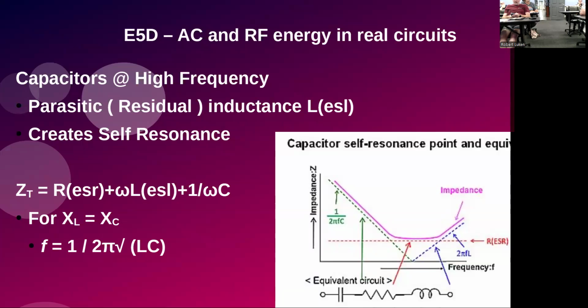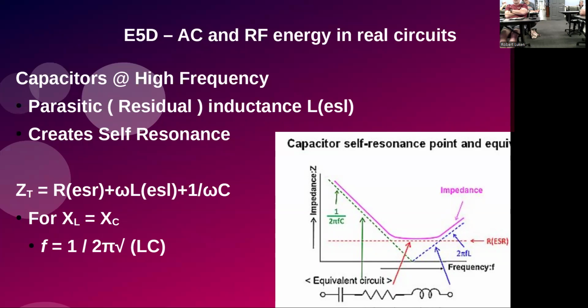So as the frequency goes up, you have more of an effect from the inductance as part of that capacitor, because in the real world, all capacitors have some inductance and some series and parallel resistance.